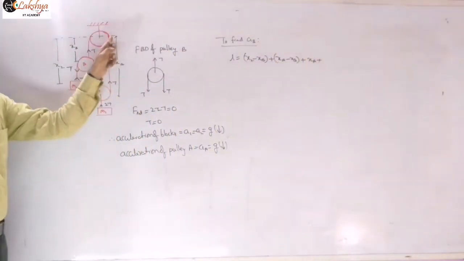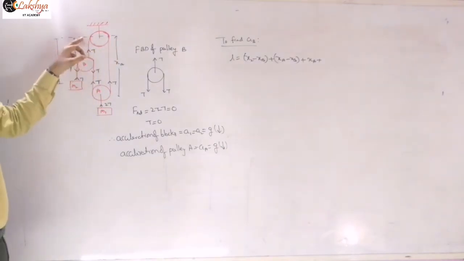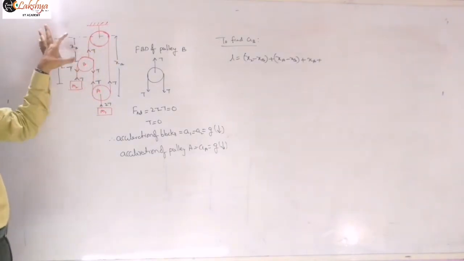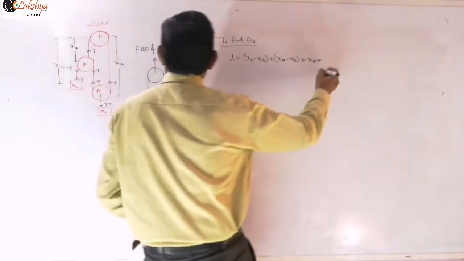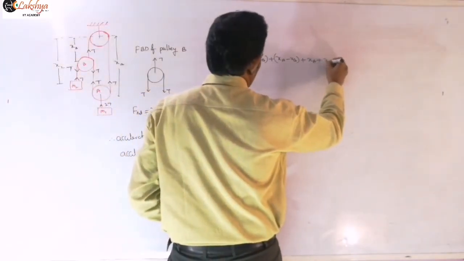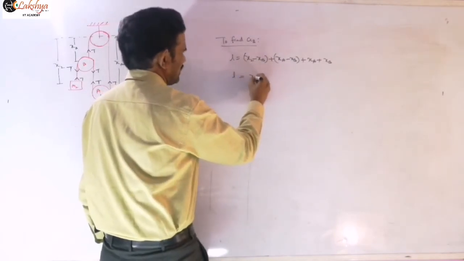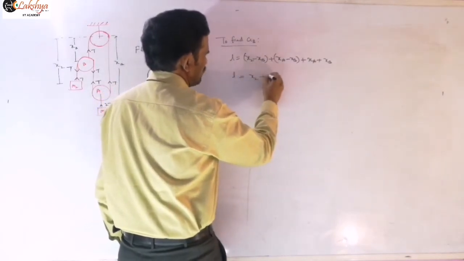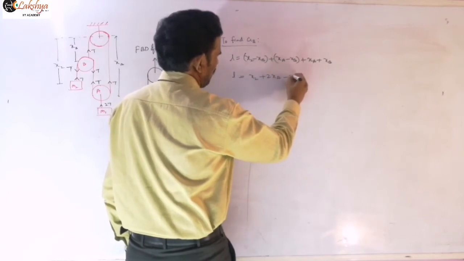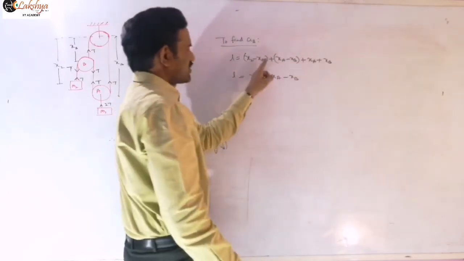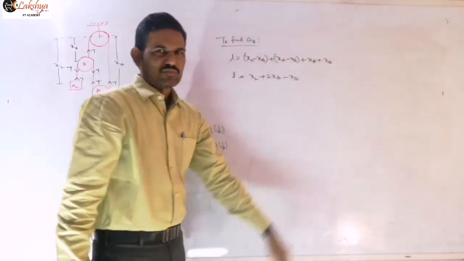So this part is up to here it is over. Next we need to write this length here. So that length we are assuming directly as XB. So that is plus XB. So this is the length of this string here. So you can express this as X2 plus 2XA minus XB. Because here this minus XB and this plus XB will be cancelled.